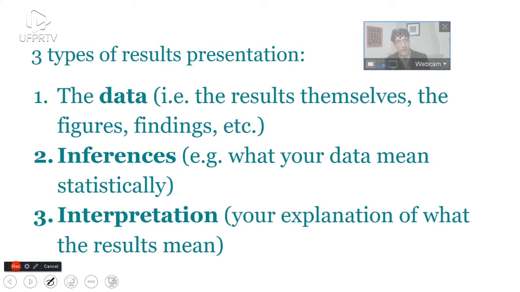If you're talking about findings in terms of results of an interview, for example, the data themselves would simply be what people said, the quotations themselves.